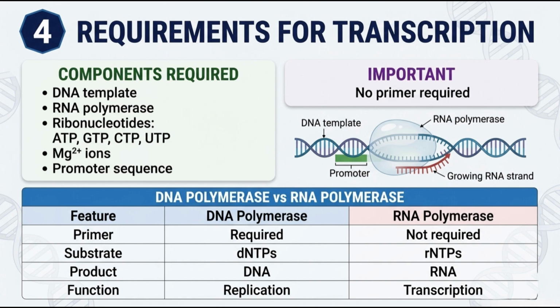Mg2+ ions are essential cofactors for catalytic activity. An important distinction between DNA polymerase and RNA polymerase is that RNA polymerase does not require a primer. DNA polymerase uses deoxyribonucleotides or dNTPs, whereas RNA polymerase uses ribonucleotides or rNTPs.